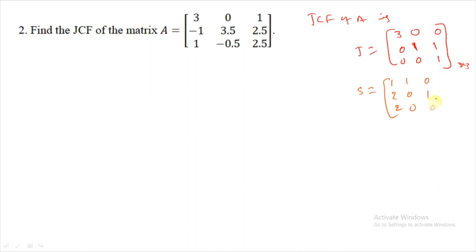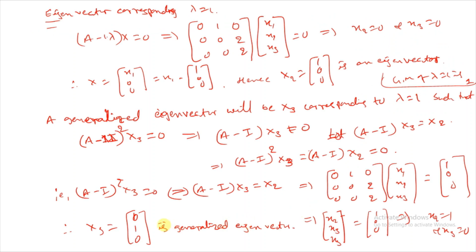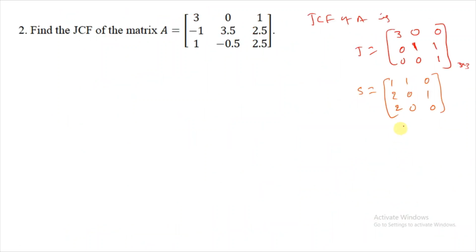Third one is the generalized eigenvector 0 1 0, or you can take x1 as any number, arbitrary, 1 2 3 whatever. x1 is not fixed when you are solving this. Suppose I am taking x1 as 0. Therefore A equal to S J S inverse, the Jordan canonical form.